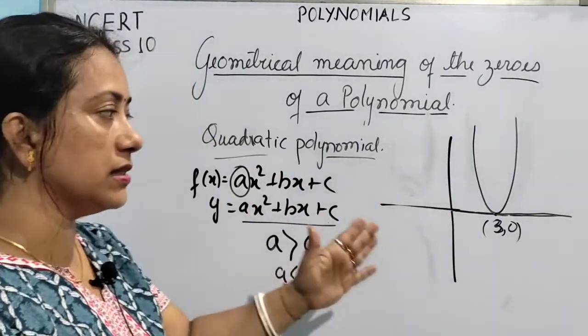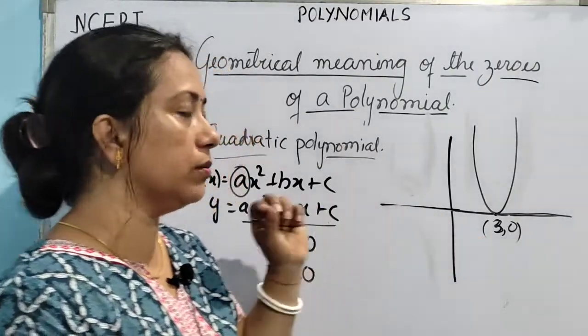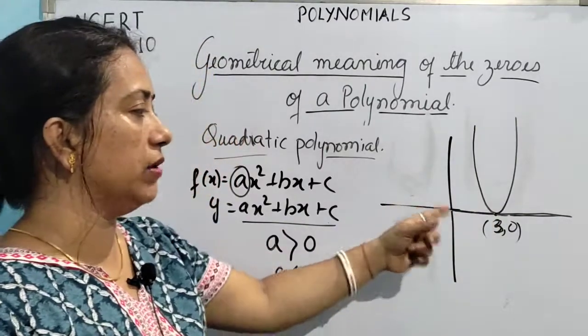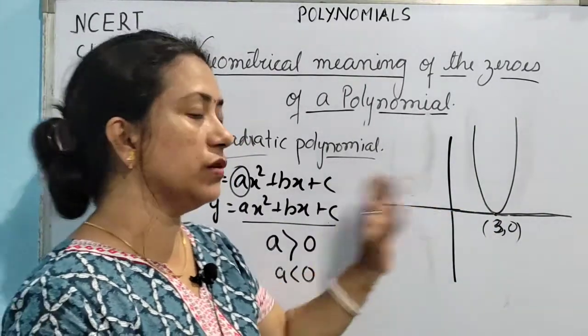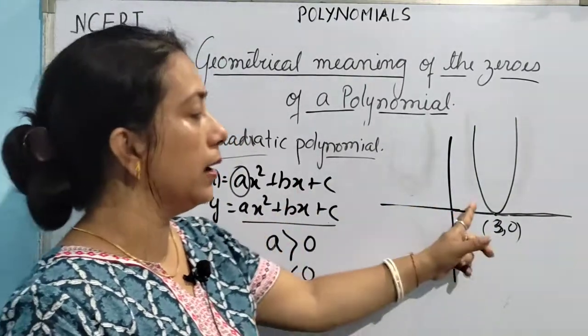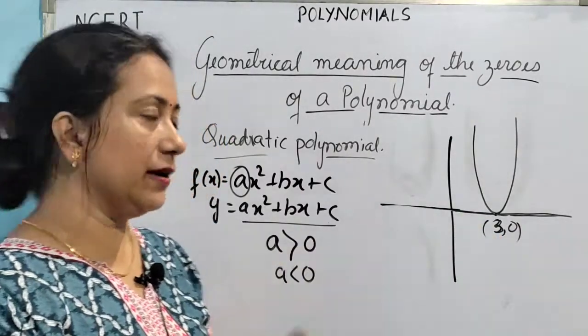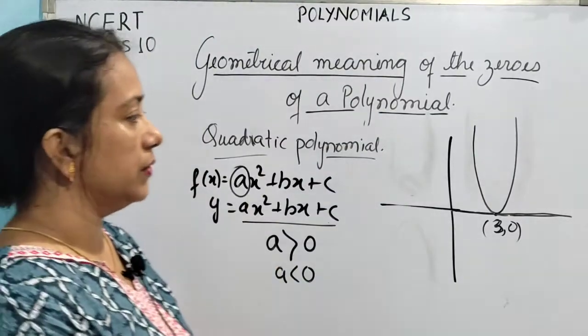This is the concept that needs to be understood. In many books you will be confused, they will just write one zero. Clear?